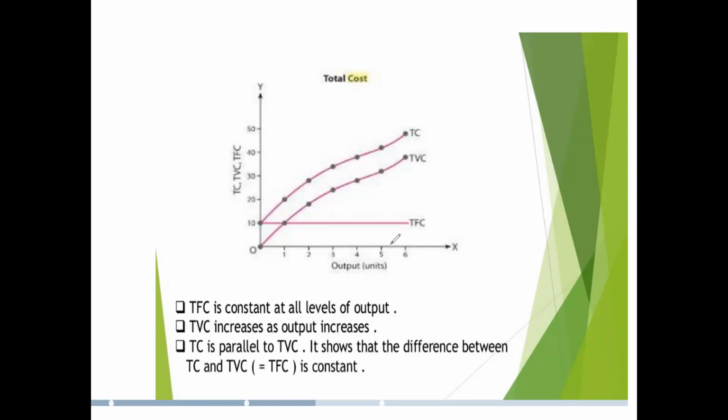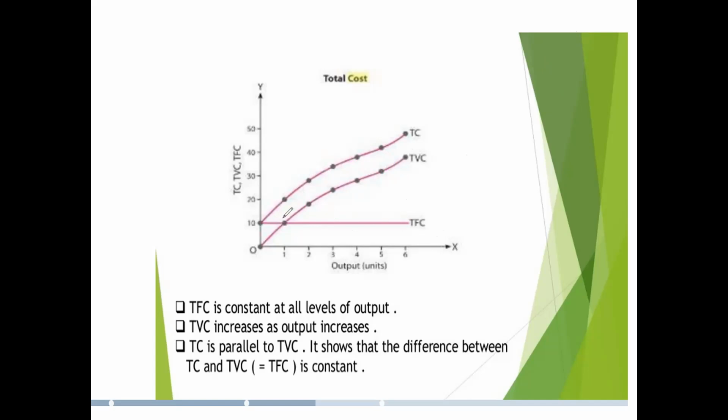And also we can see here, by looking at the TFC and TC, that this range is represented by the variable cost.